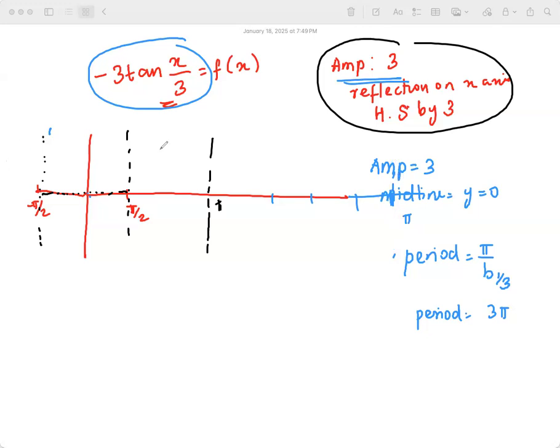Okay, now let's try more. Period is 3 pi. So this is pi, then this is 2 pi, and this is 3 pi. So one period stretches across. Now what happens? Period is 3 pi. What else to say?